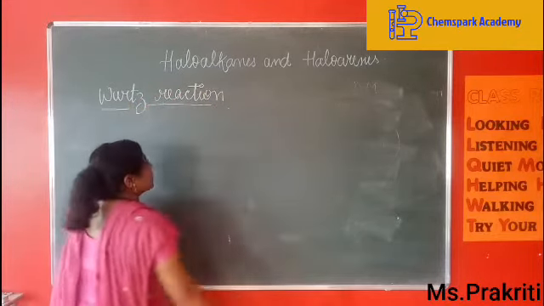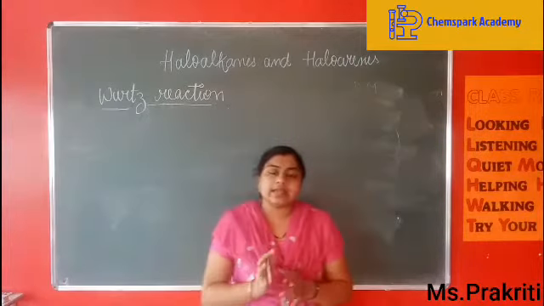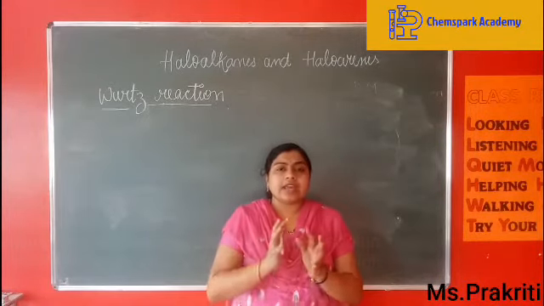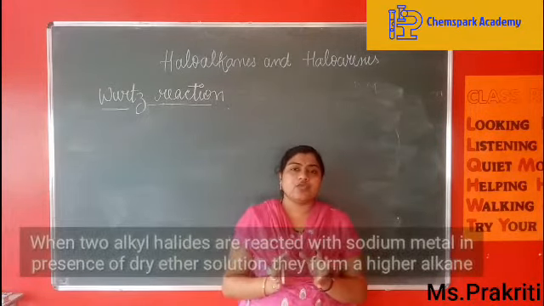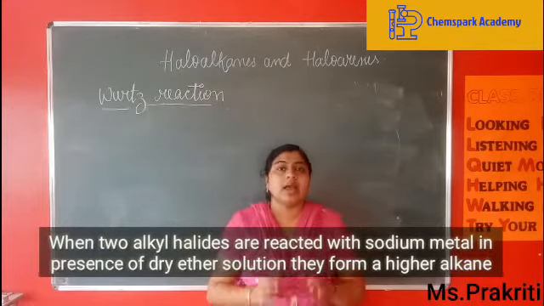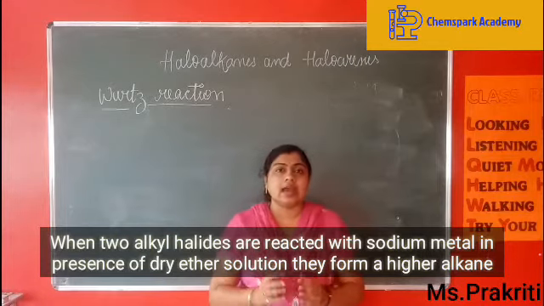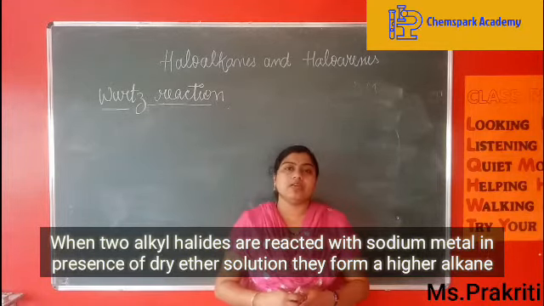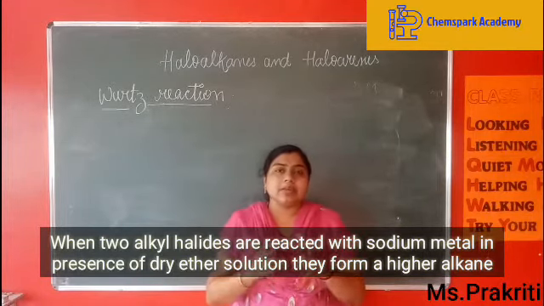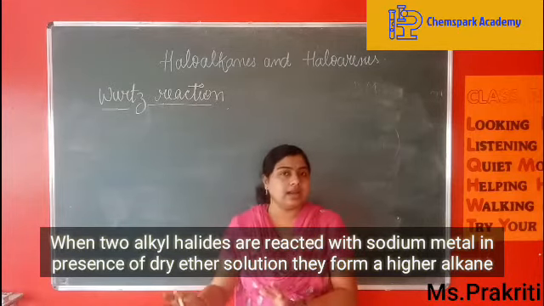In Wurtz reaction, we take the alkyl halide and we react that alkyl halide with sodium metal, and there is a presence of dry ether, and the product which will be formed is higher alkanes.